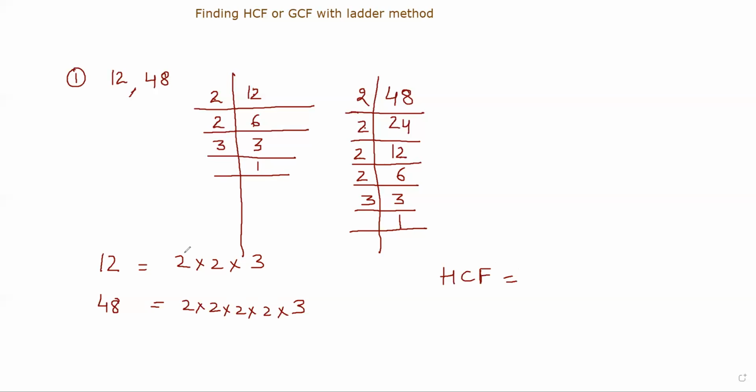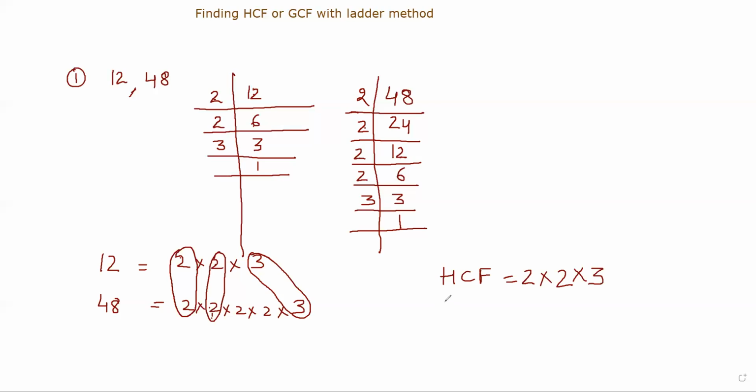To find the HCF, I need to find the common numbers here. So if 2 is in both, I would make a pair and write 2 here. Another 2, if I have the pair, I would circle the pair and write it here. And if I have another pair, 3, I write it here.